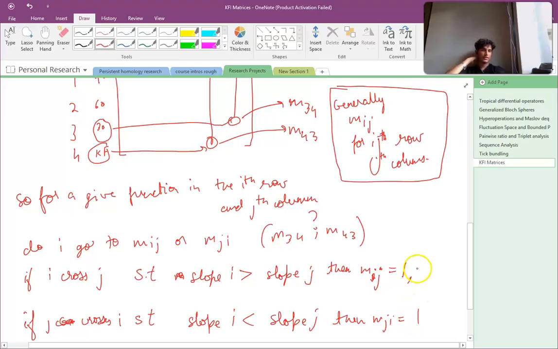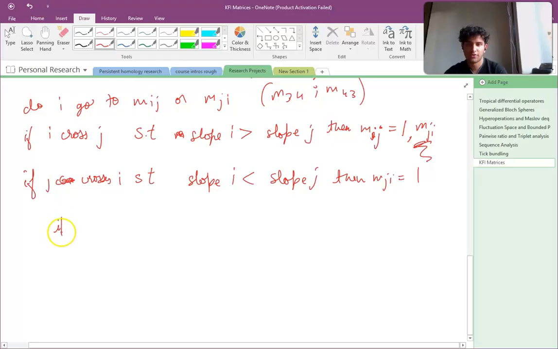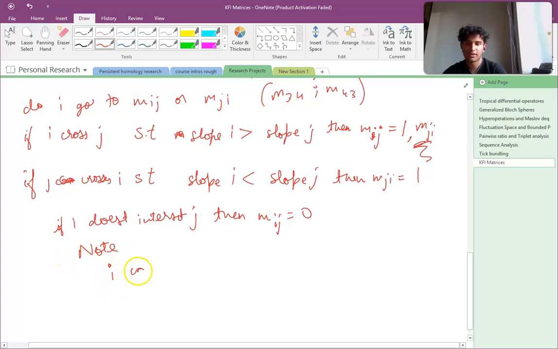And another note over here, Mji in this case, there is an additional condition. So if I doesn't intersect J, then Mij is equal to 0. No, I can't intersect itself.